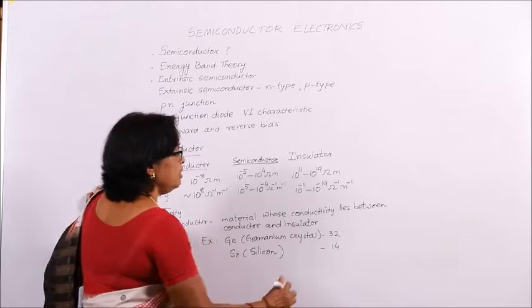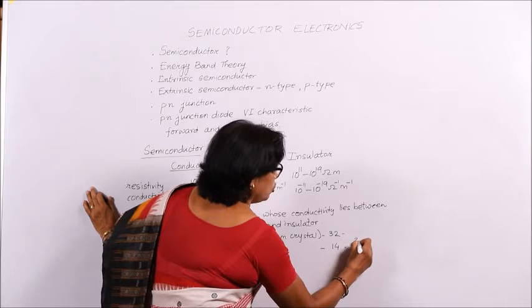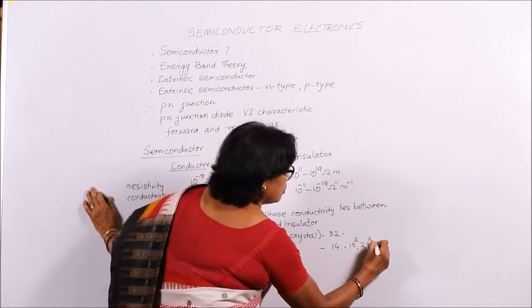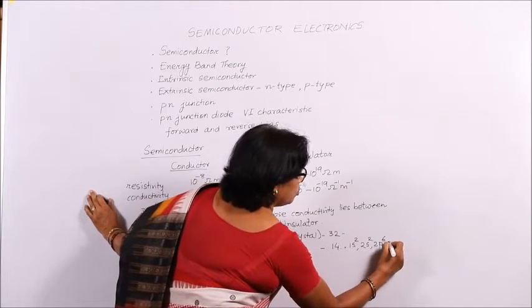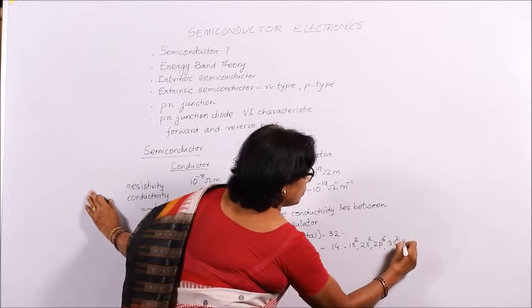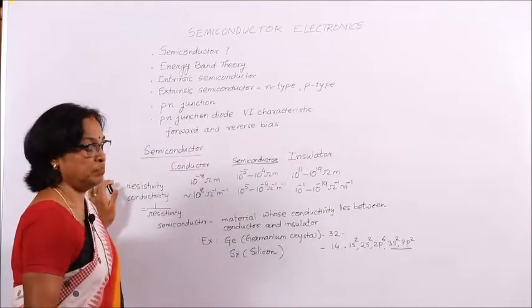If you draw the electronic configuration, 14 will be 1s2, 2s2, 2p6. So 10 are used up and 4 are left out: 3s2, 3p2. So there are 4 electrons in the outermost orbit.